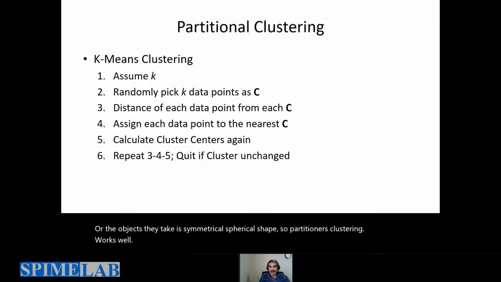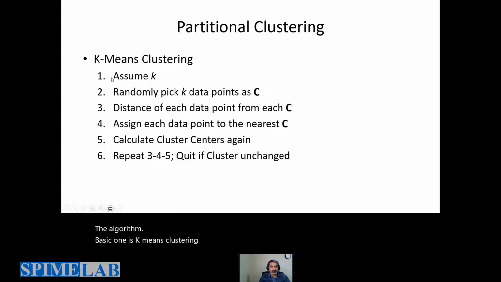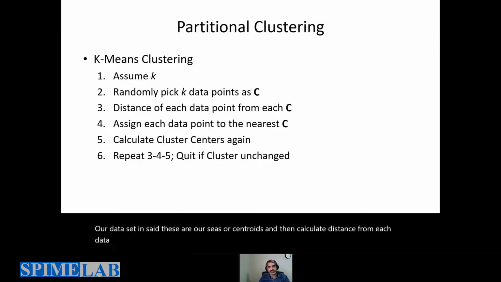The basic algorithm is k-means clustering that asks for k. We assume there are k clusters, and then we randomly pick as many data points from our data set and say that these are our C's or centroids, and then calculate the distance from each data point to those selected data points, the C's.